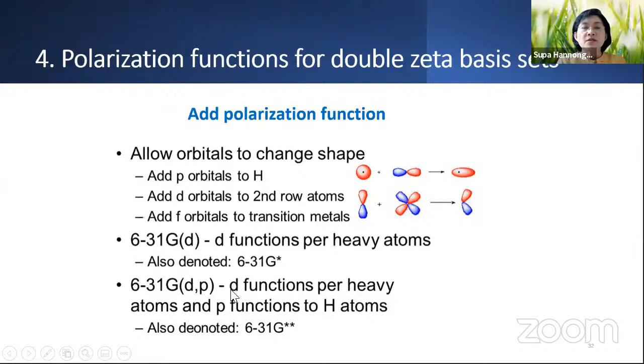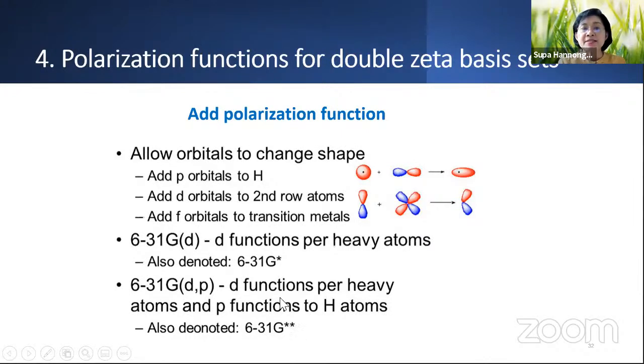that means you allow the function to overlap in the D function per heavy atom, and also the P function on hydrogen atoms. That means now you will have bracket D and P, or you can denote it as 6-31G double star.